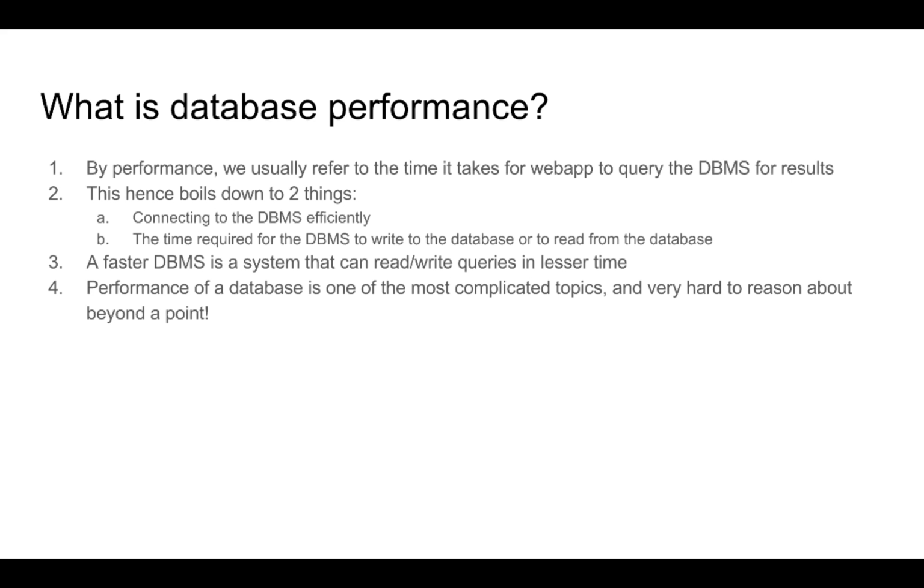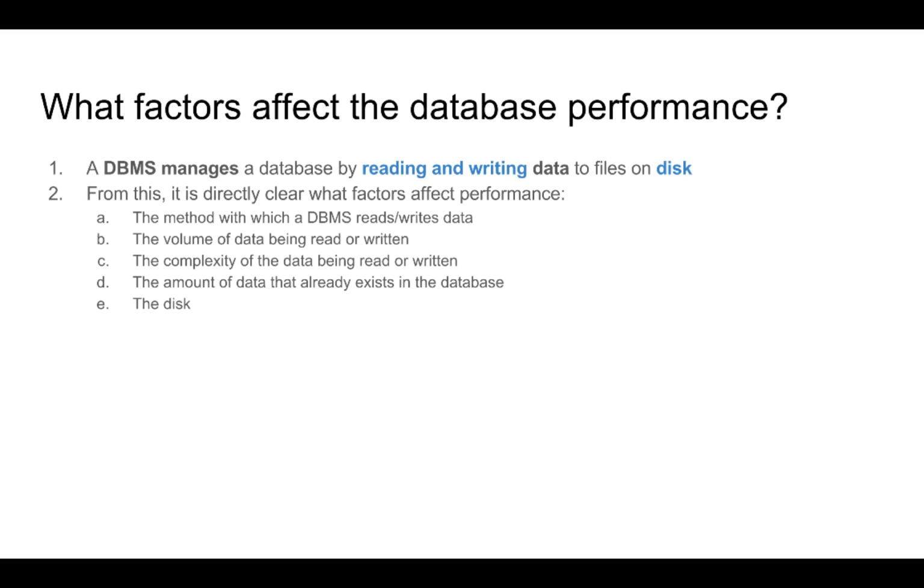So it is clear to understand that Redis can process select queries much faster than Postgres can process select queries for common use cases because of a fundamental difference between these two databases. But beyond this, it is very hard to make any general comments about what database is faster than what other database. So let's look at the factors that affect database performance.